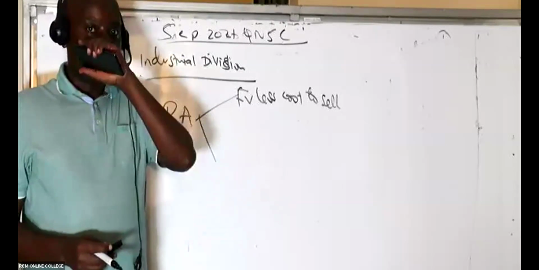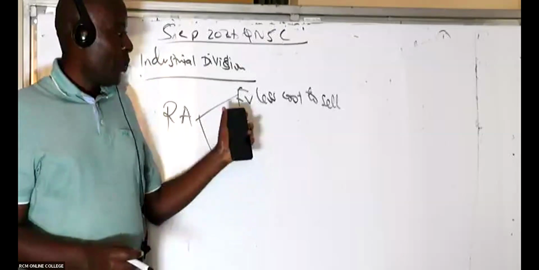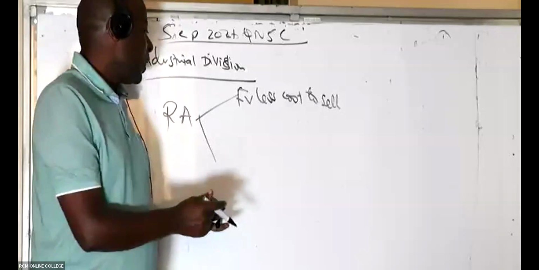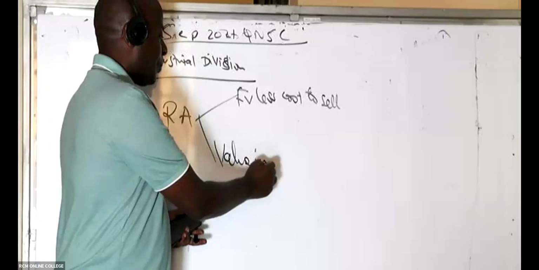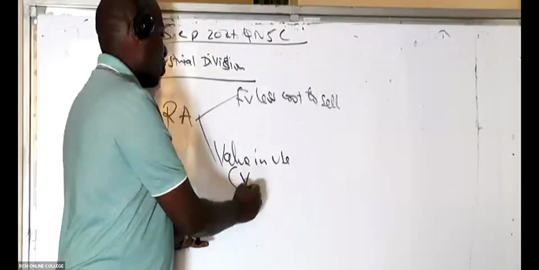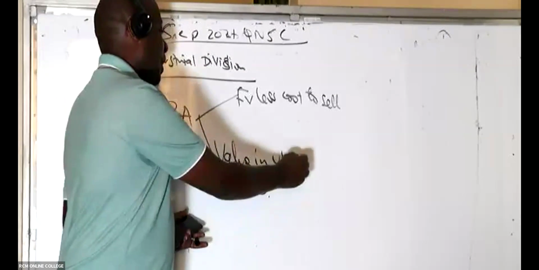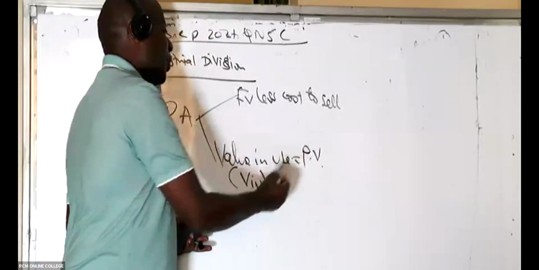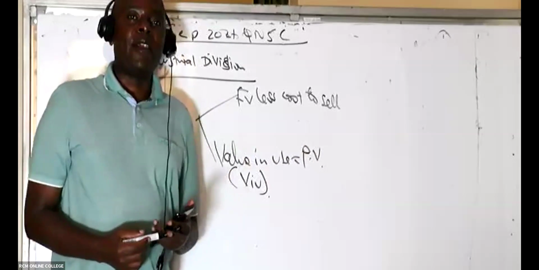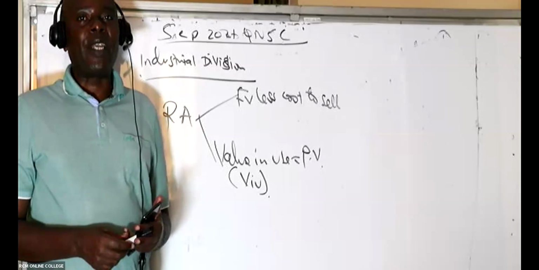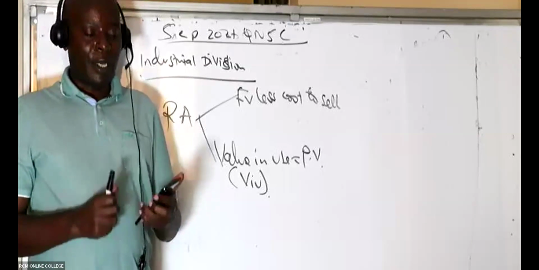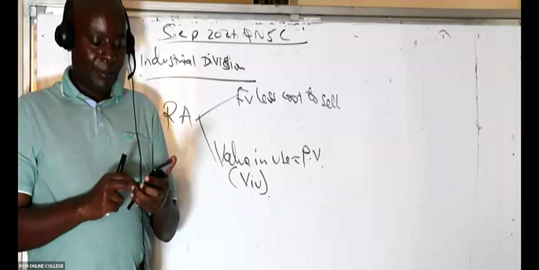That's what they told us. And then the other one is the value in use, which is the present value of cash flows given.